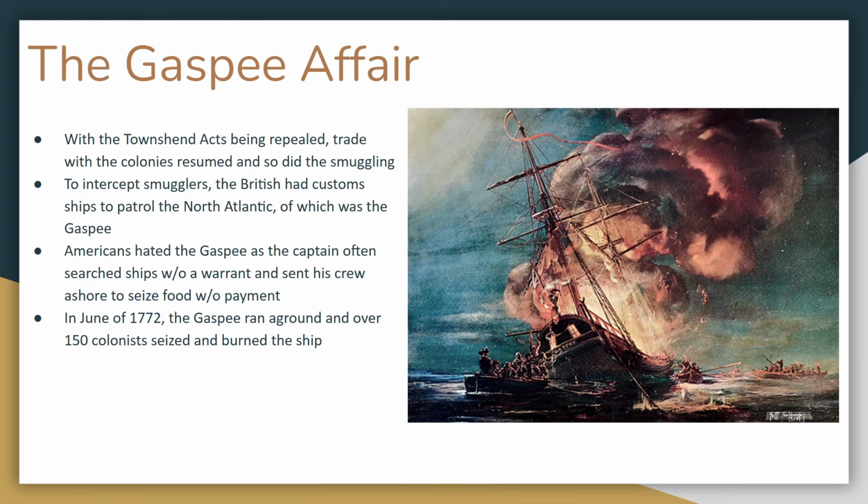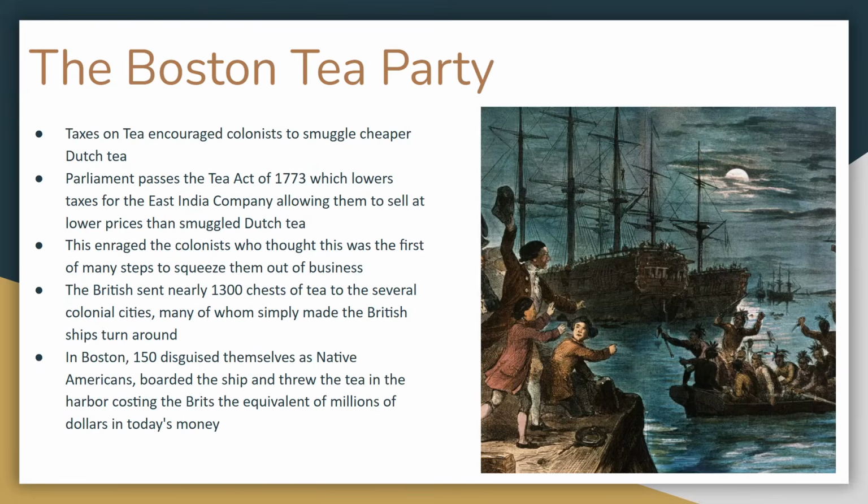They weren't fans. Now, we have a little bit of a taste of violence. It was kind of a big win for the Gaspee affair. The colonists felt like they were starting to take back what they thought they deserved.